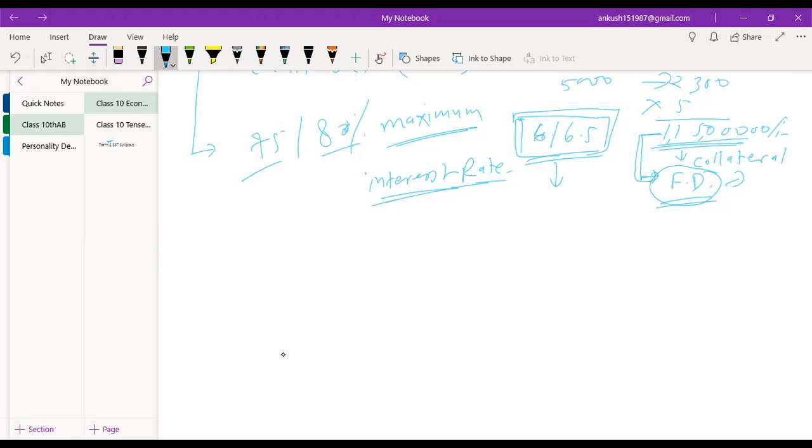And one more thing, the cooperative bank, we have already seen that they come together and they generate money. But at this time, the documentation is done with the farmer, and in that it is mentioned that they are taking this loan against their land. Cooperative will make this collateral then.